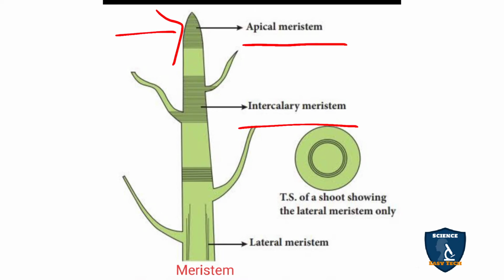Intercalary means middle. It is seen in the middle, in between the internodes. This is one internode and this is another internode, and the gap is called the internode. In that gap the meristem is present, in the middle of the plant, so it is called intercalary meristem.